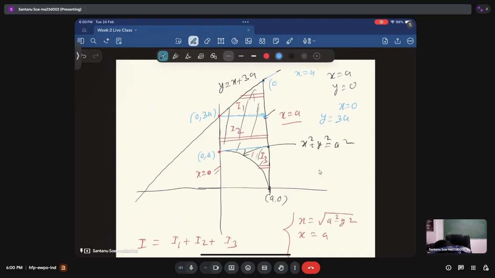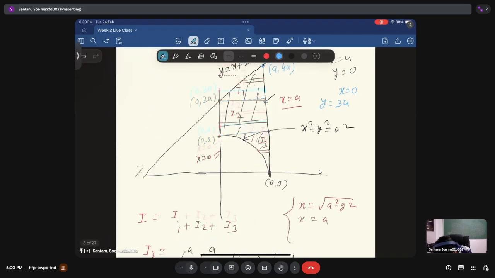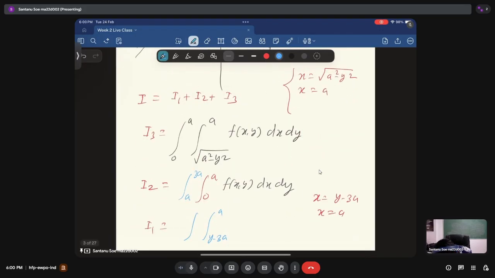So this should be a comma 4a, because this line is x equals to a, and if you put x equals to a, y will be 4a, correct? And y is varying from 3a to 4a. So it should be from 3a to 4a, and then f(x,y) dx dy.